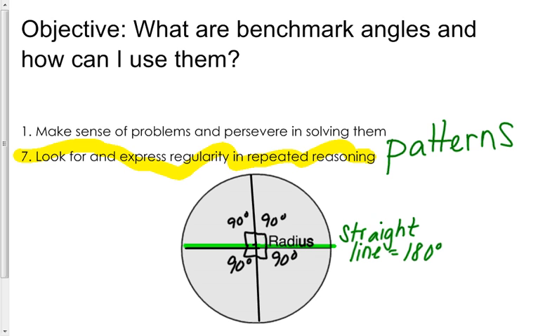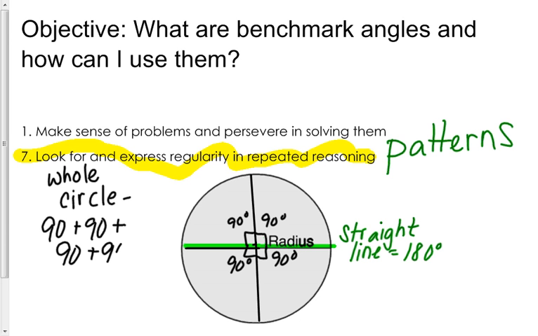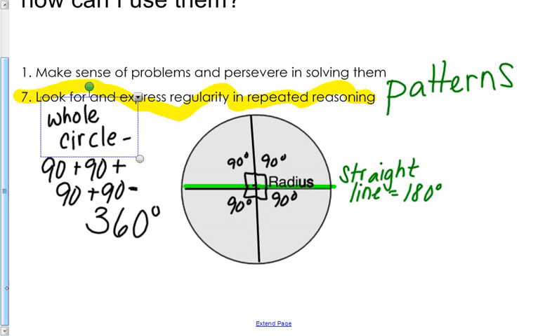If we add all those 90 degrees together, 90 plus 90 plus 90 plus 90 equals 360 degrees.